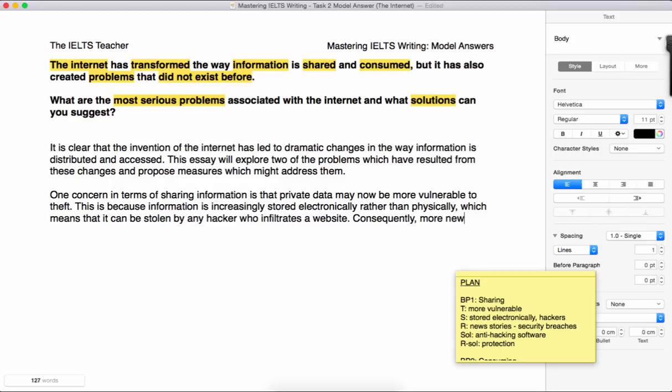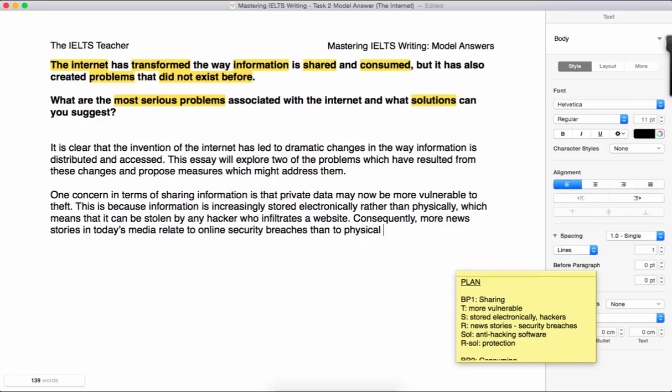Consequently, more news stories in, as I mentioned earlier, today's media relate to, so are about, online security breaches than to physical breaches. Another word for breaches, maybe robberies, because robberies have that physical element about them.